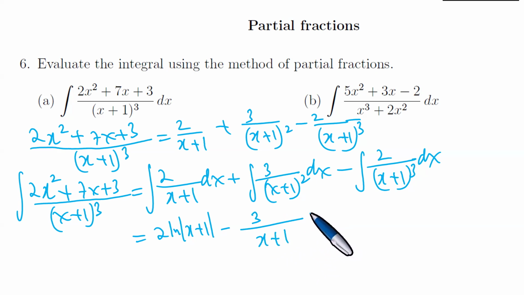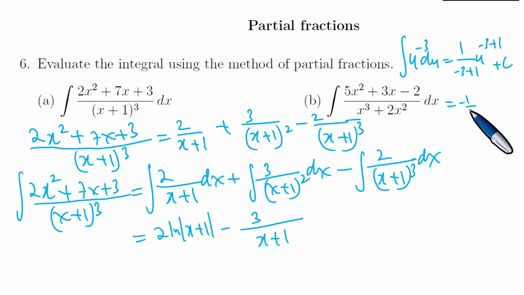Now you integrate this one using the same law: when you integrate u to the minus 3 du, it's going to be 1 over minus 3 plus 1, u to the minus 3 plus 1, plus c, and therefore this is minus 1/2 u to the minus 2, plus c.